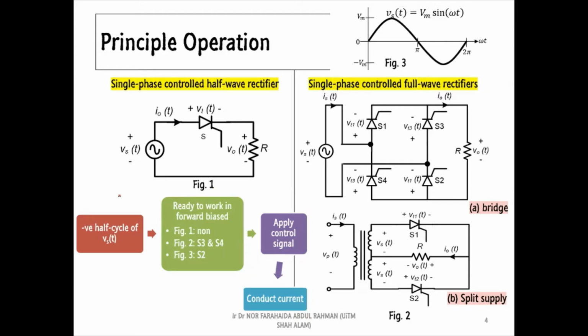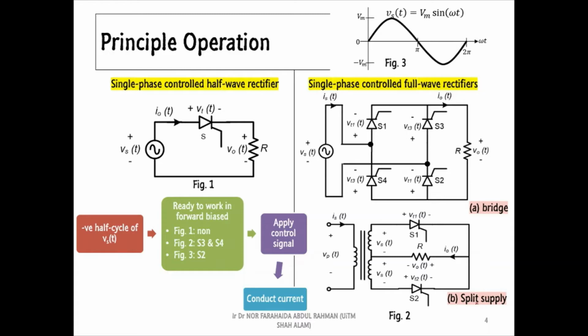Meanwhile, during the negative half cycle, thyristor S in the half-wave rectifier is turned off. However, in the full-wave rectifier, thyristors S3 and S4 in the bridge and S2 in the split supply rectifiers are turned on when the control signal is applied.